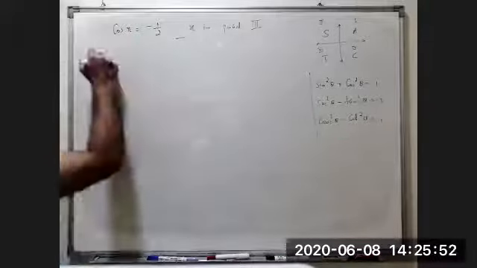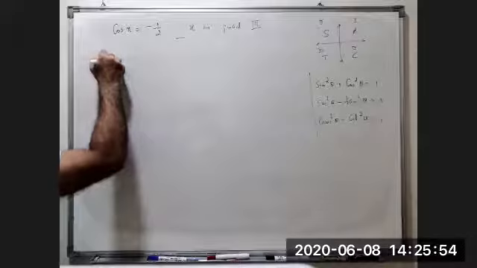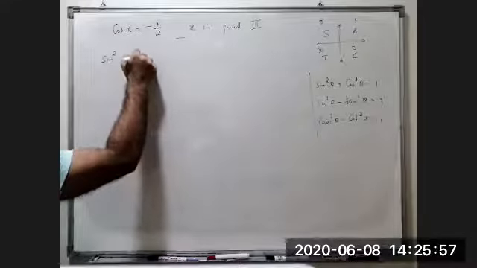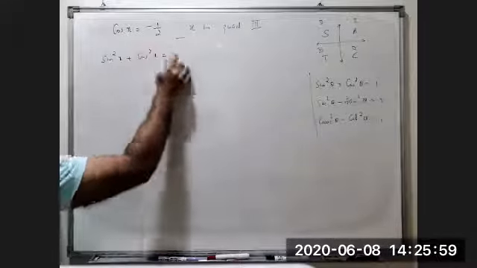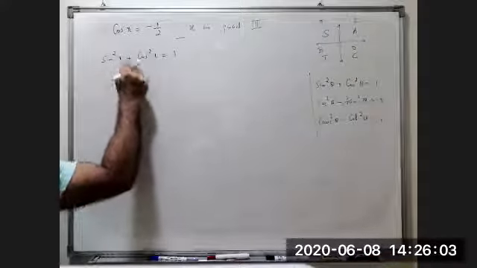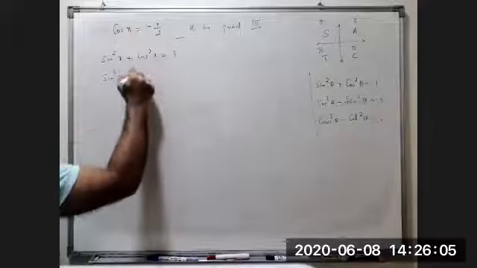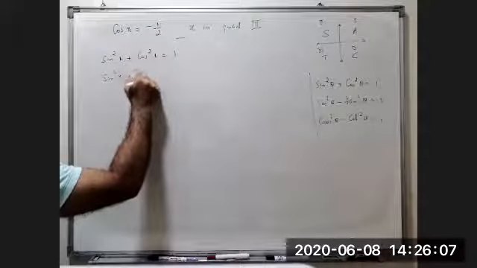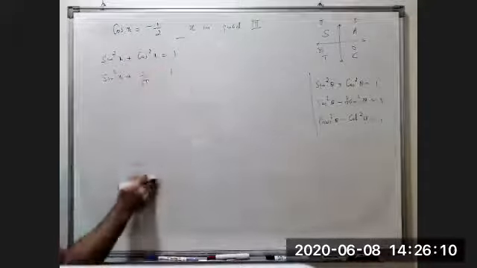Cos is known. We know that sine square x plus cos square x is 1. Sine square x plus 1 by 2 square, which is 1 by 4, is equal to 1.